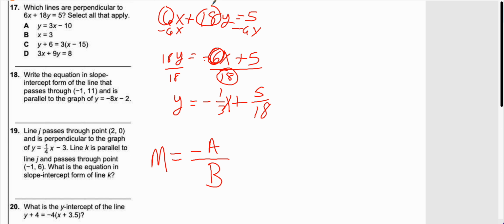Guys, if that's confusing, just solve it. Do these steps. That'll always work. I'm just trying to save you a shortcut. So -A over B will give you the slope when you're in standard form. All right, so we know the slope of our line is -1/3.